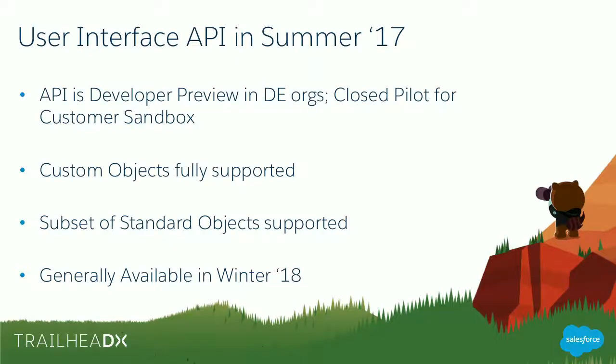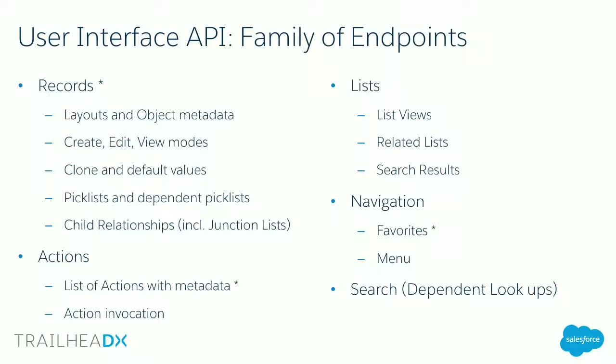We just need some time to clean some things up before we expose them publicly. And obviously, custom objects are supported. So if you're building on platform using your own custom schemas, et cetera, you should be able to just do that. And this is us sharing our roadmap with you, the family of endpoints. The ones with the star are the things that we're GAing with.